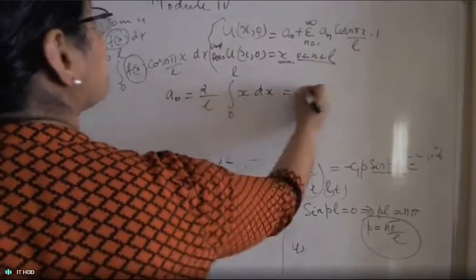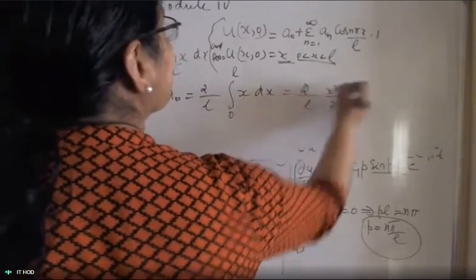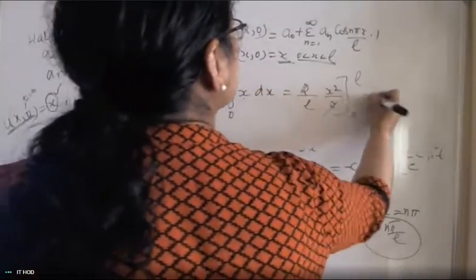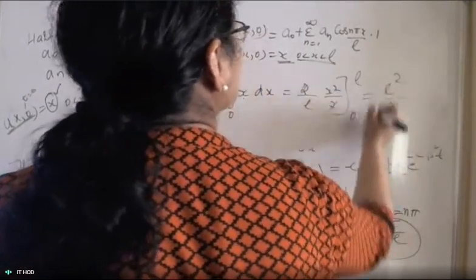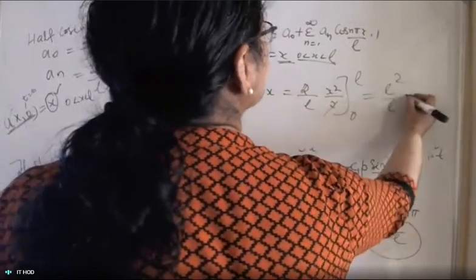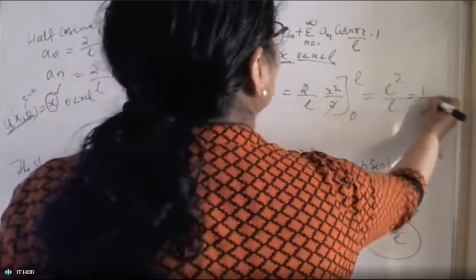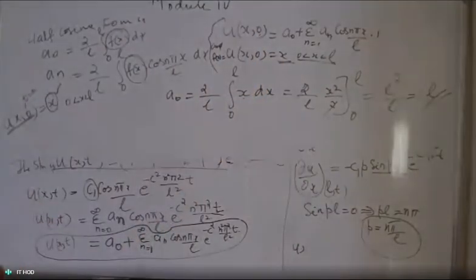How can you integrate that? 2 by L, x square by 2, the 2 and 2 cancel out. Take the limit, you will get L square by 2 minus 0, so this becomes L. So a naught you already got.